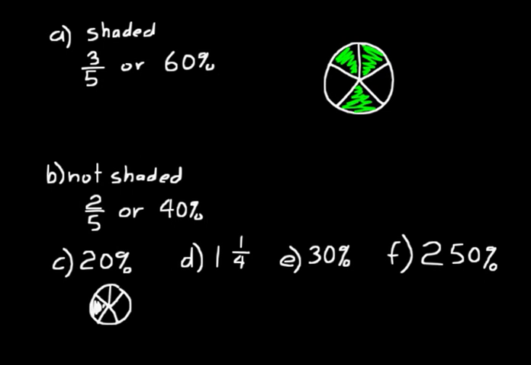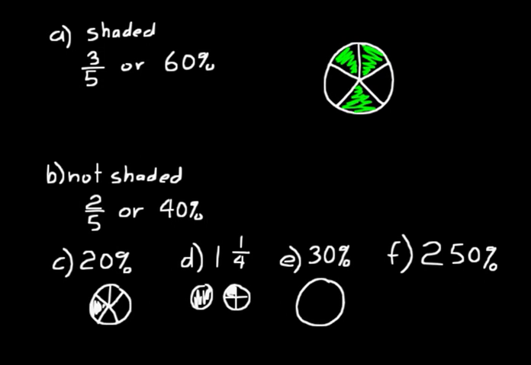On D, represent 1 1/4. Well, 1 means a whole circle. So you just shade in one whole circle, and then 1/4 of another one. You draw the fraction circle, break it up into quarters, shade one of those quarters in. E, 30%. What you need to do there is have a fraction circle and just think of 10, 20, 30.